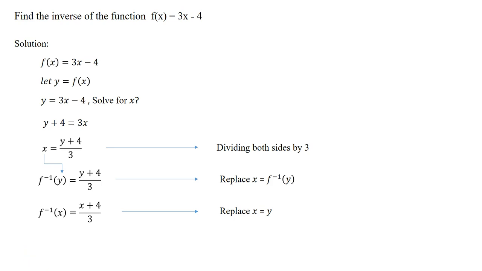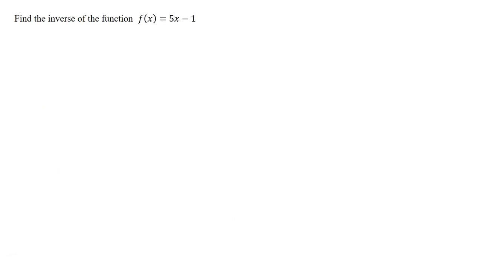Now, is it clear? Let us see one more example. Find the inverse of the function f(x) is equal to 5x minus 1. What is the formula we have? First we have to set up f of x is equal to y.